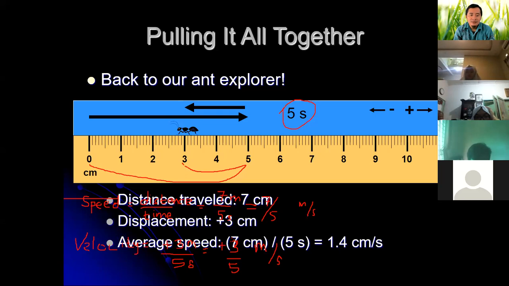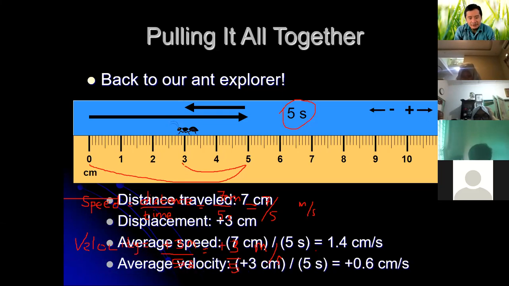Sorry, I made a mistake, not meters, centimeters. 7 centimeters per 5 seconds is 1.4 centimeters per second. And then the velocity, 3 per 5, equals 0.6, or plus 0.6.